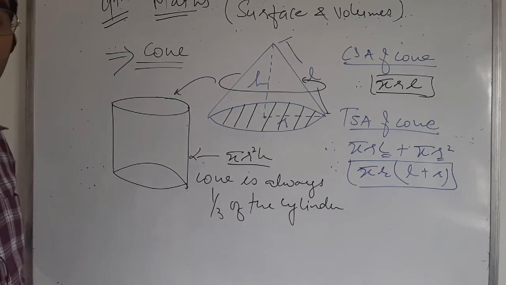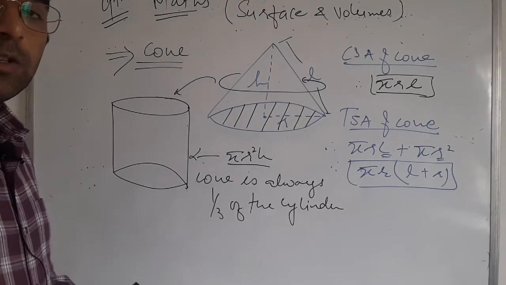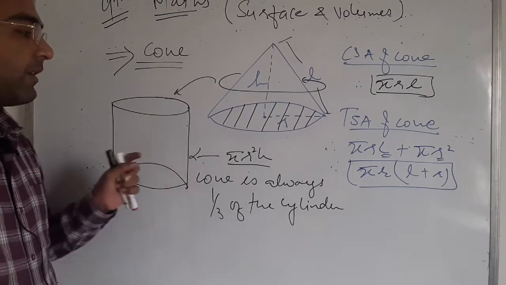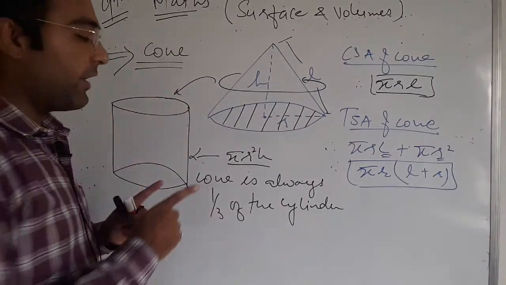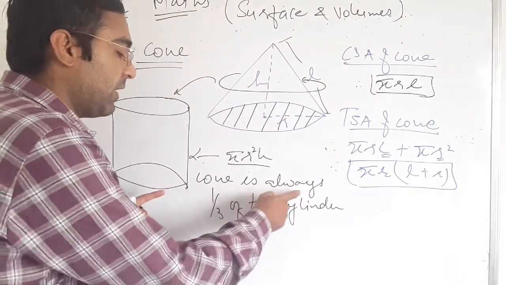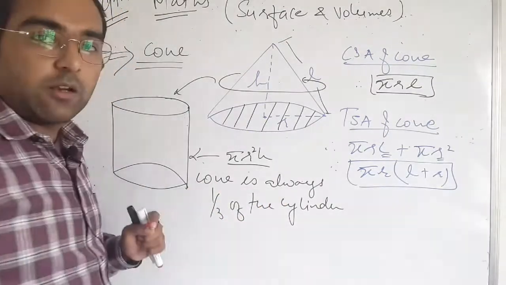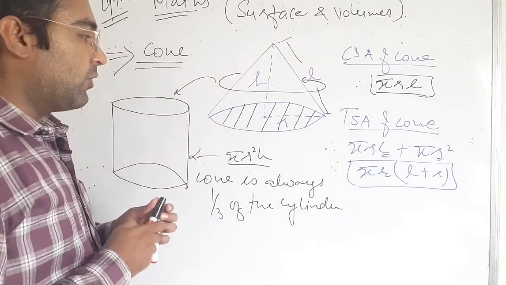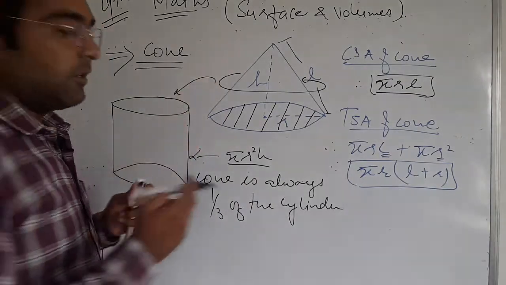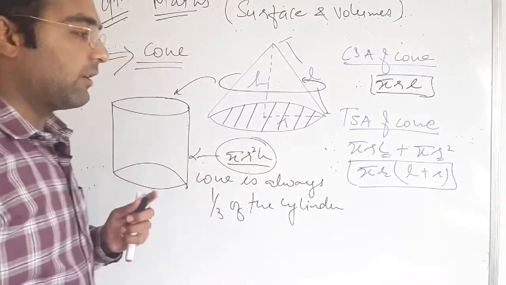So whenever we have to compare cylinder with the cone, we say that the cone is always 1/3 of the cylinder. So what is the volume of the cone? That is 1/3 of the cylinder.